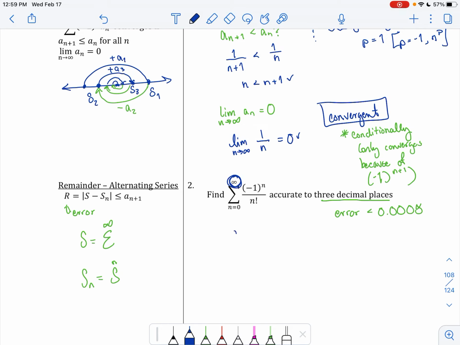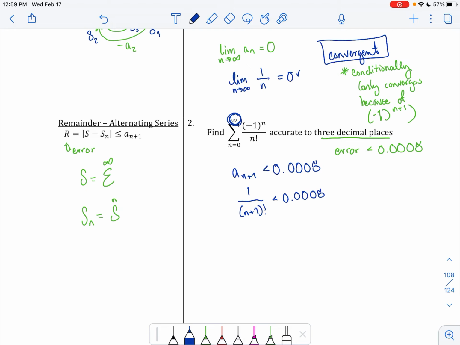So what I need to do here is say, well, the n plus 1 term has to be less than 0.0005. Now using the formula we have here, we have 1 over n plus 1 factorial has to be less than 0.0005.